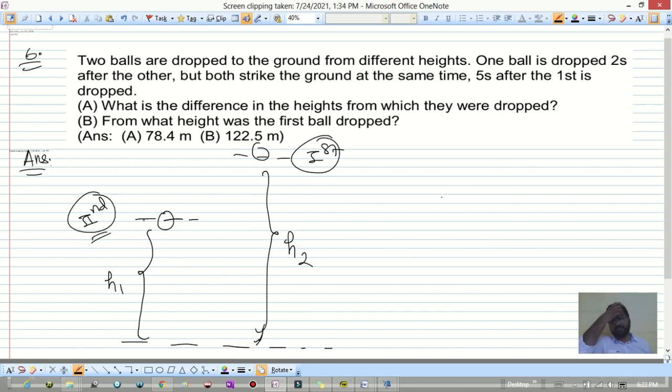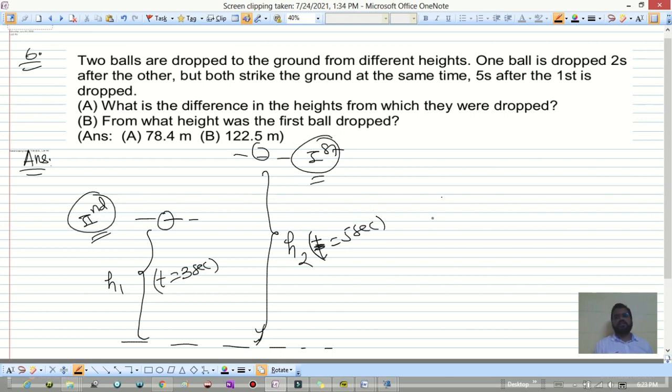If we consider this as the first ball and this as the second ball, they will never reach the ground at the same time. So the ball at the higher height will be the first ball, and the ball at the lower height will be the second ball. It is given 5 seconds for the first ball to drop, and after 2 seconds, that means for this ball it is 3 seconds required.